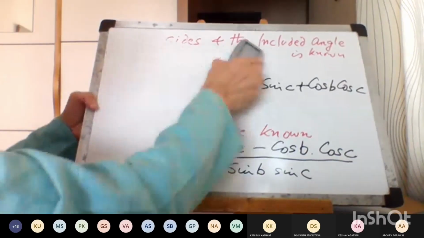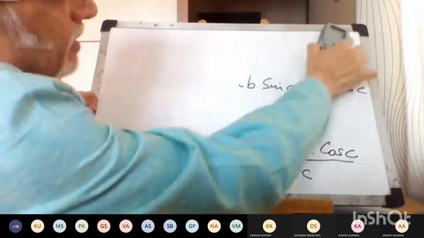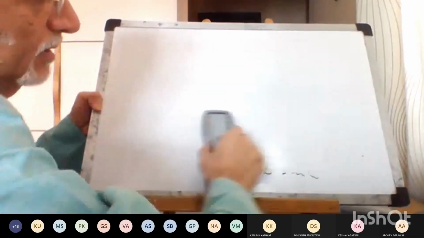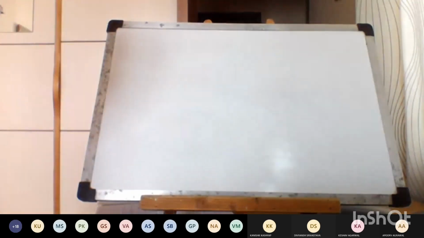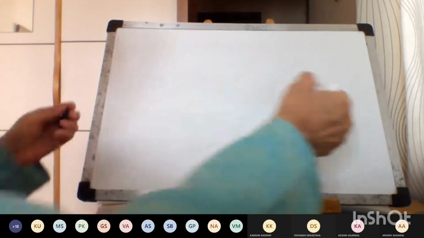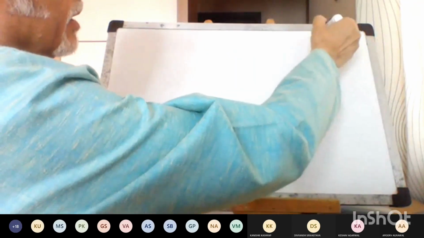Yesterday we said that if one angle or one side is 90 degrees, then the same formula becomes modified and we have the Napier's rule by which we can quickly solve the spherical triangle.